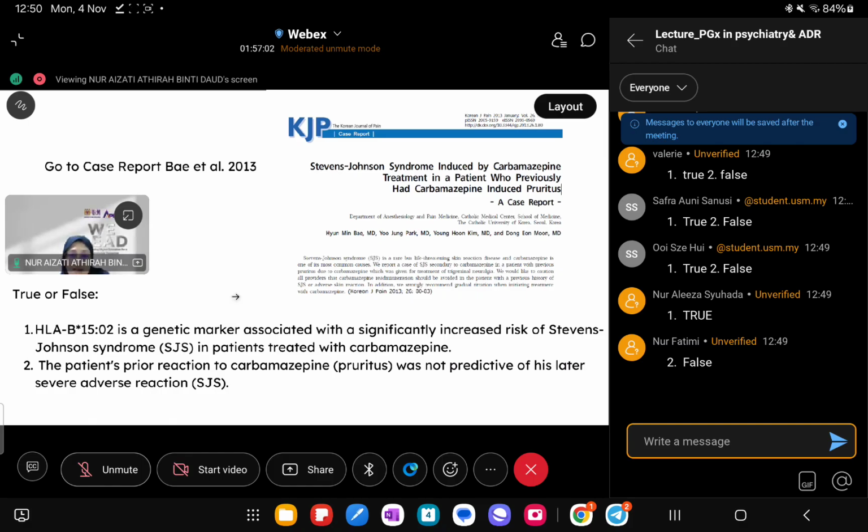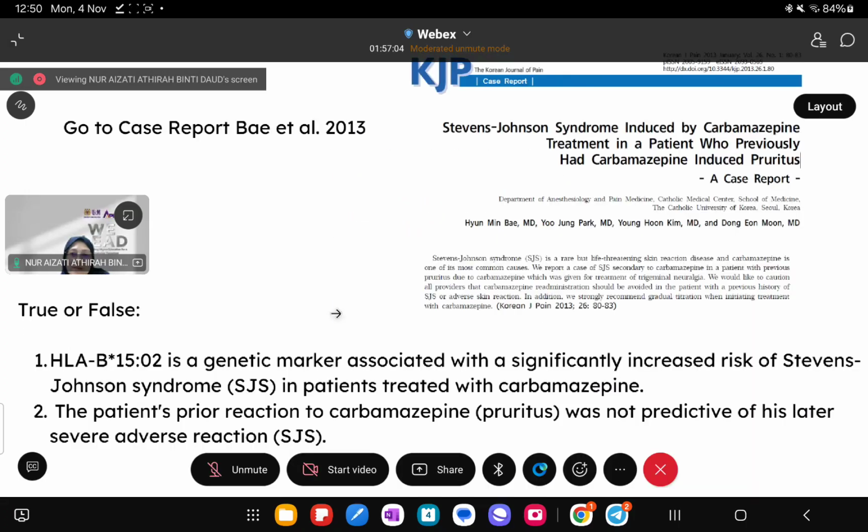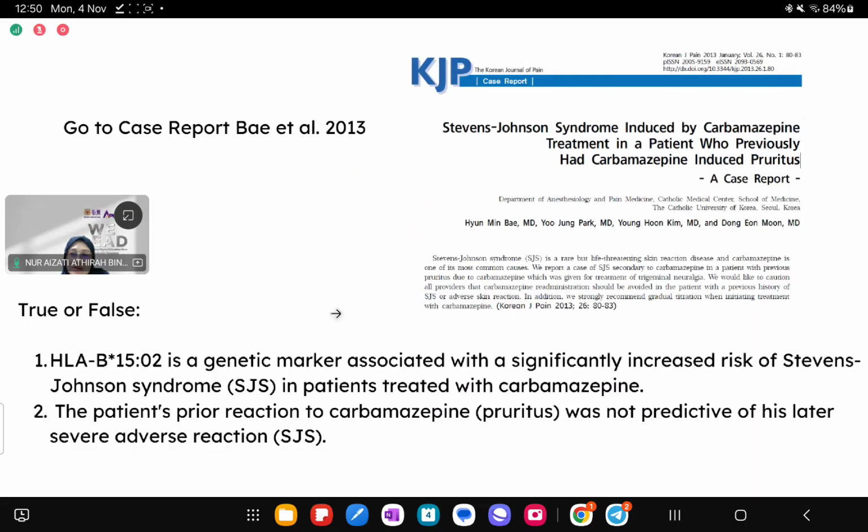So means that patient cannot tolerate this drug. So because this drug is causing him to have this immunological reaction in which it can cause a severe type of skin reaction if the patient continues to take it.